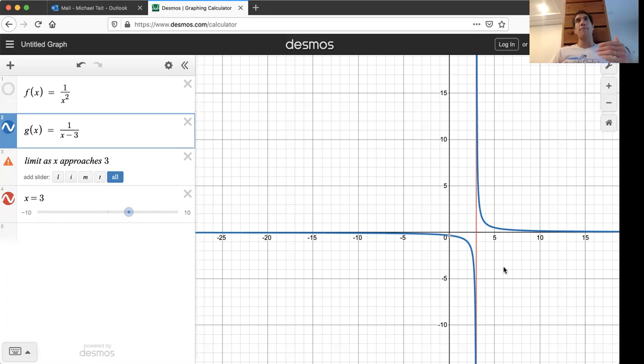So generally, I'm dividing by something that potentially could be changing sign, and we have to worry about whether the function is positive or negative. It's very important. So there are two types of vertical asymptotes: one where the function is positive on both sides or negative on both sides, and another where the sign changes on either side of the vertical asymptote.